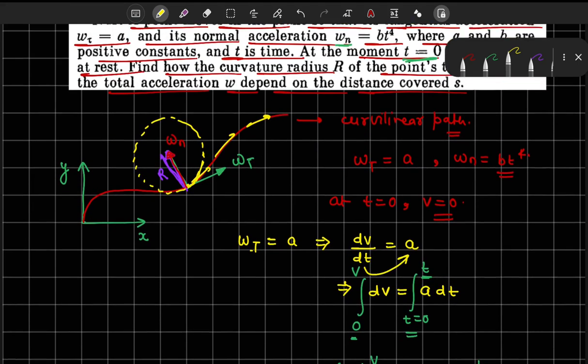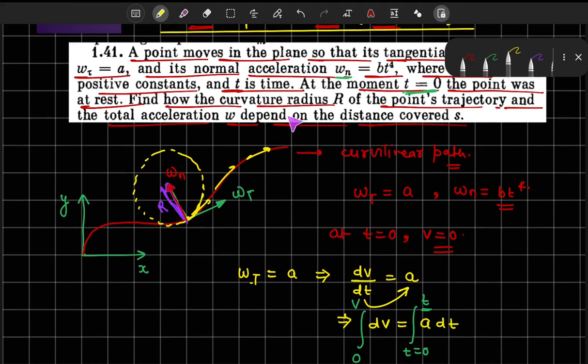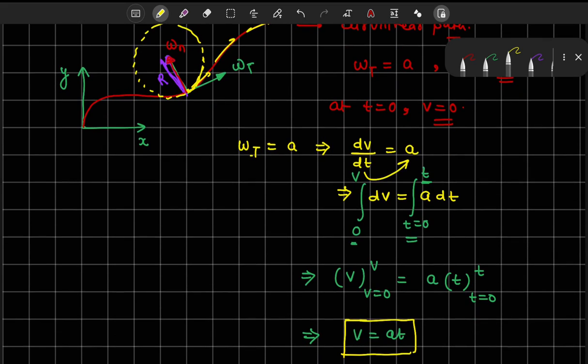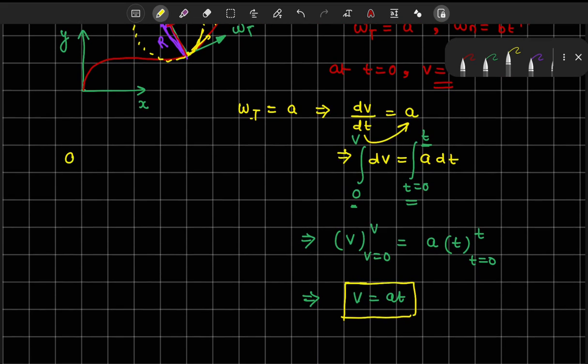Now the problem asks us to find the curvature in terms of the distance covered s, so we have to find the velocity in terms of distance also. For that we can write Wt is equal to v dv upon ds, that is equal to a.